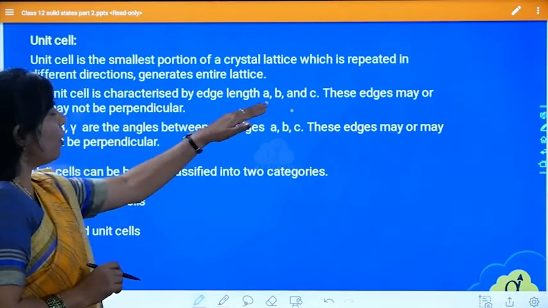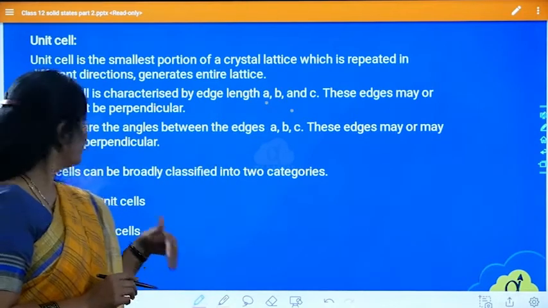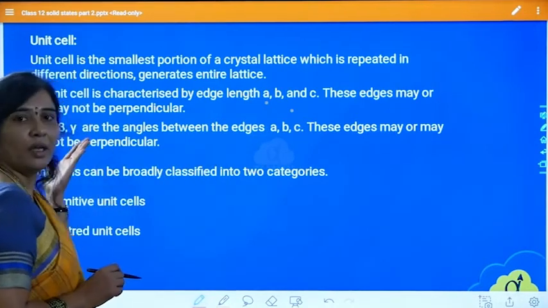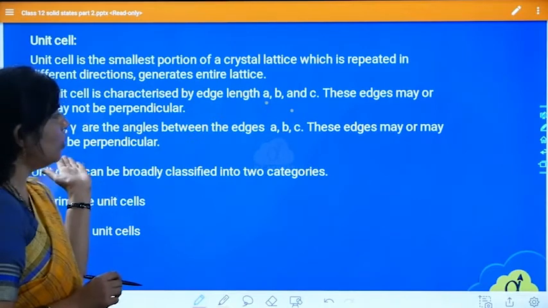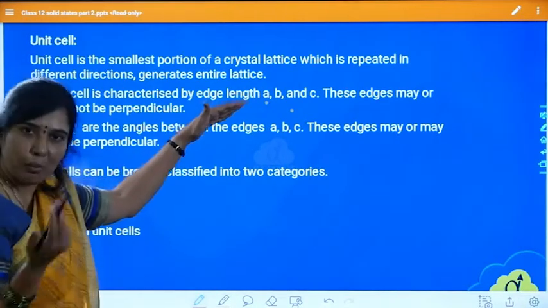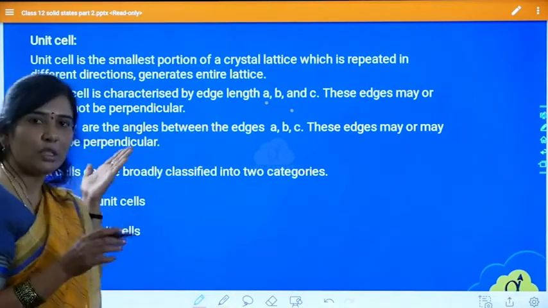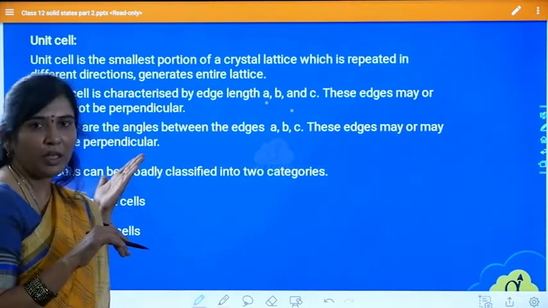See, all the time the edge lengths need not be equal, and in the same fashion the angles may be equal or may not be equal. Edge lengths may be equal, may not be equal. Similarly, the angles may be equal or may not be equal.